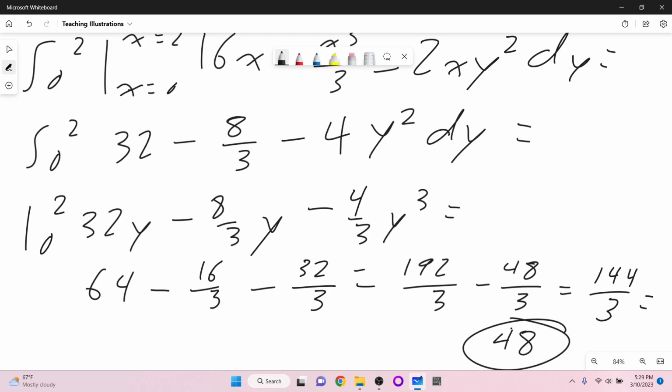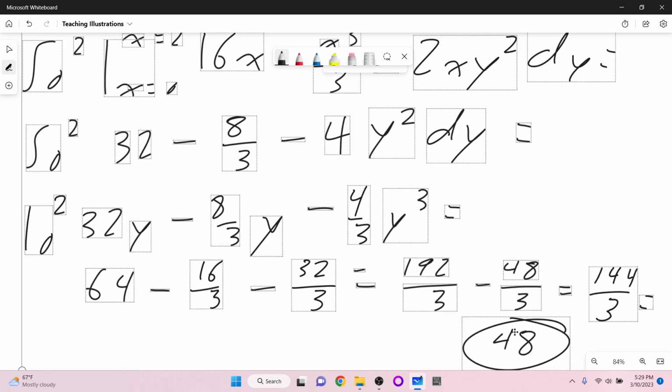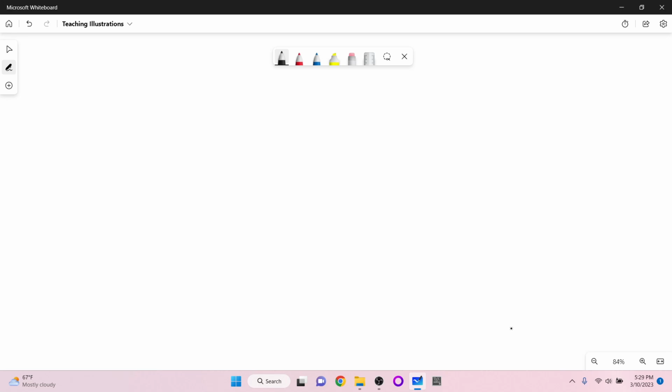Okay, now there is one more thing that I want to do. I want to give you a theorem that can speed some of these up. So, theorem.